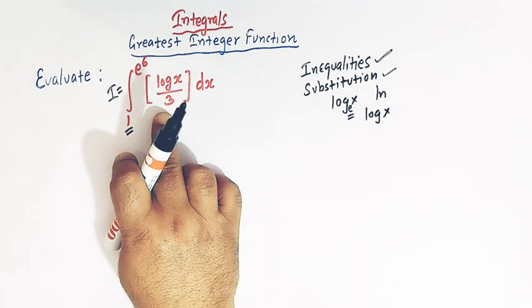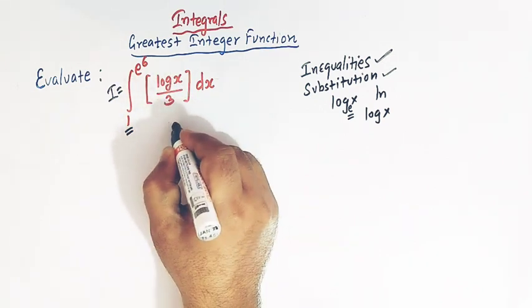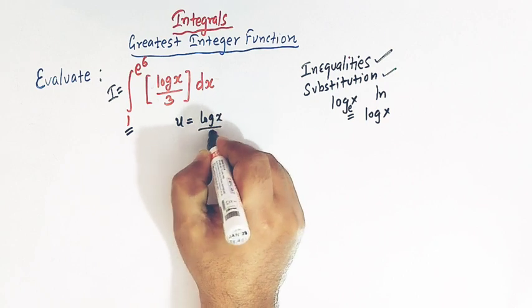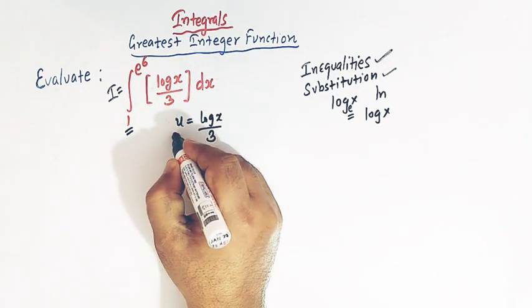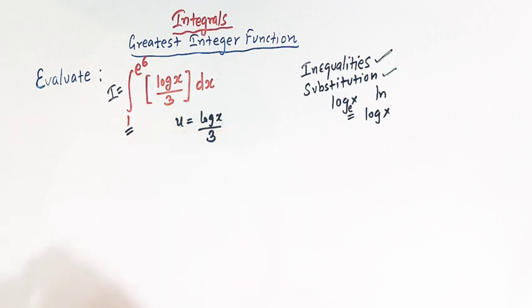Now see here, we'll take the substitution u is equal to log x divided by 3. So we introduce a variable u equal to log x divided by 3.